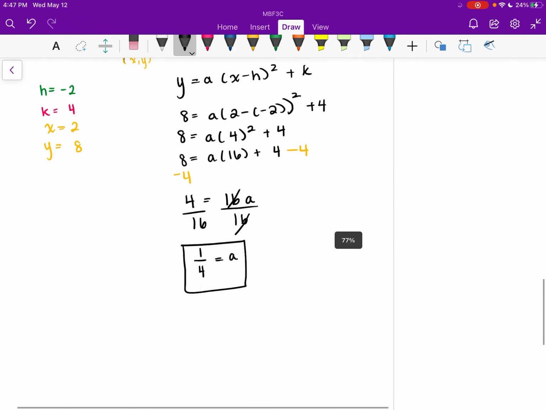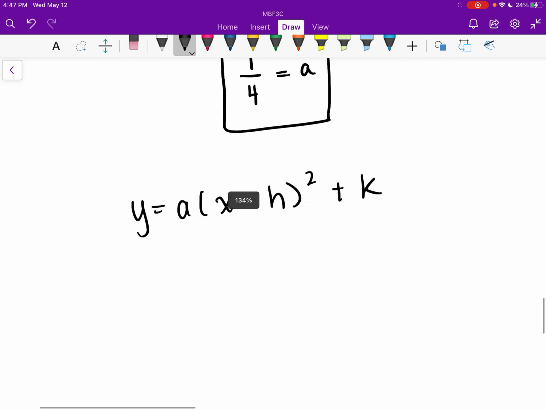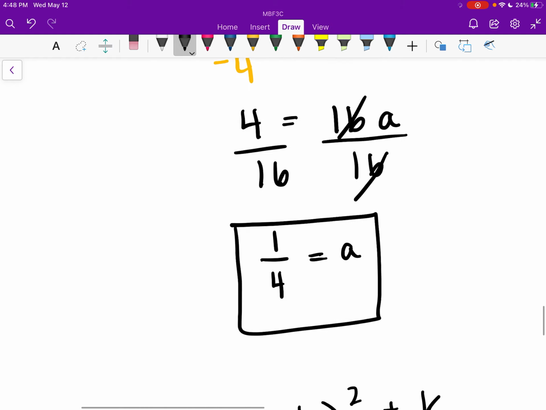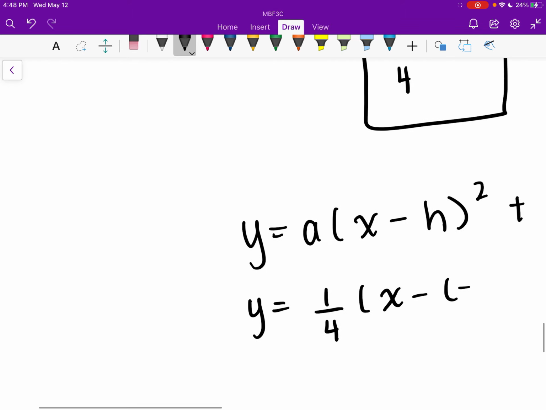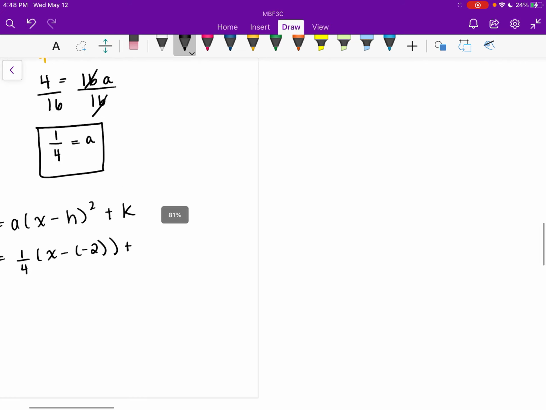Okay, so if that's our a value, our last step is y equals a(x minus h) squared plus k. Right, let's go put in what we know. We don't care for y. We know a is 1 over 4. x minus negative 2, plus k, which we know is 4.